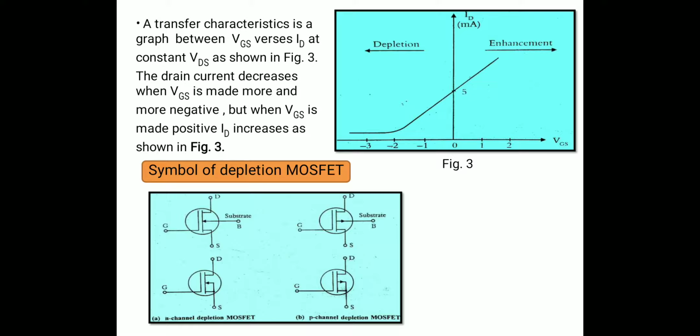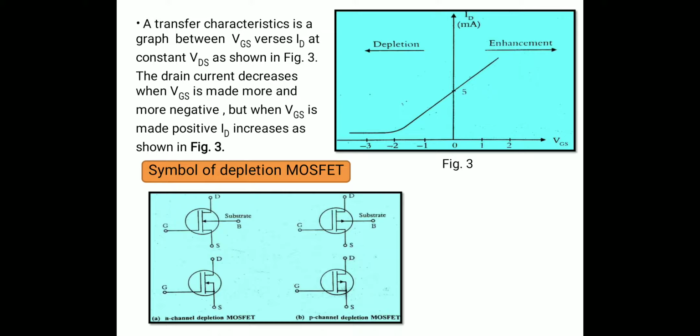Then the symbol of depletion MOSFET: N channel depletion MOSFET, P channel depletion MOSFET. In this case, the channel is shown by a continuous line because the channel already exists. However, in the case of enhancement MOSFET, the channel is not present. The channel is induced only when proper voltage is applied to the gate.